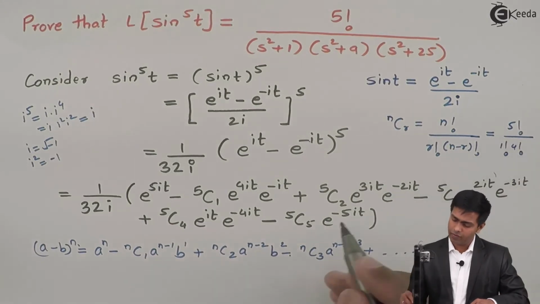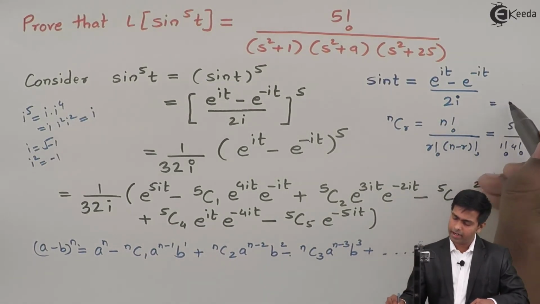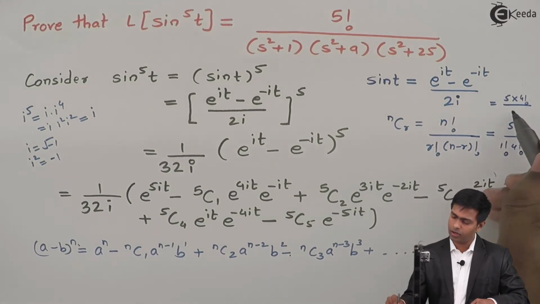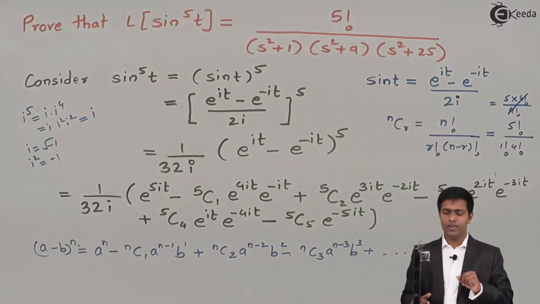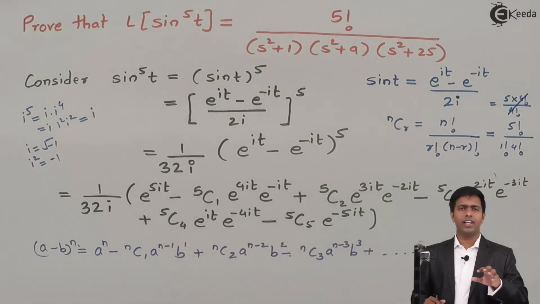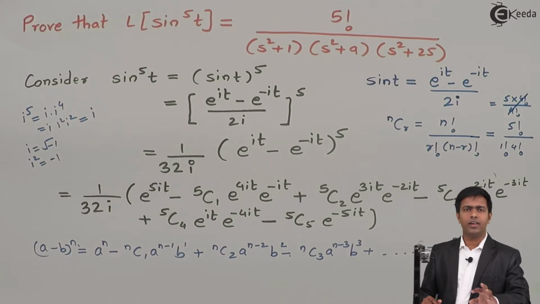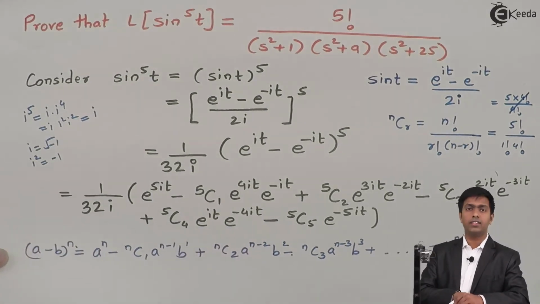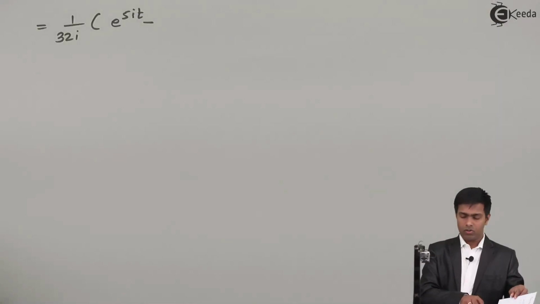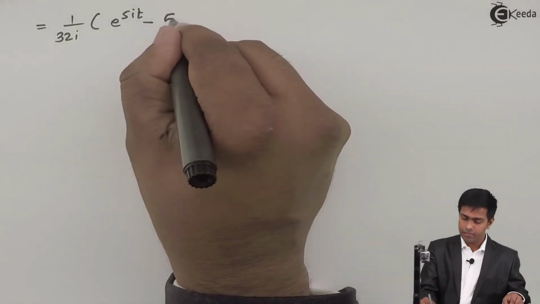Now we know that this 5 factorial is, here I'll write 5 into 4 factorial upon 1 factorial is 1, 4 factorial as it is. These both will cancel and we'll get the value as 5. So the value of 5C1 is 5, and you can verify it from the calculator. So I'll say here 5.